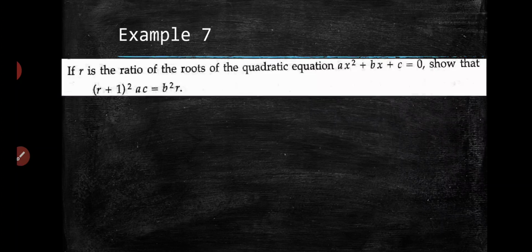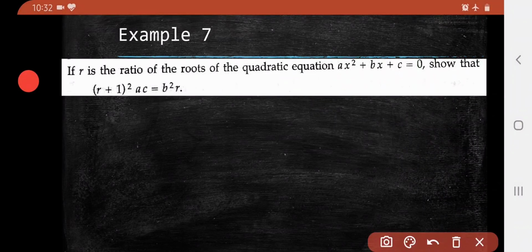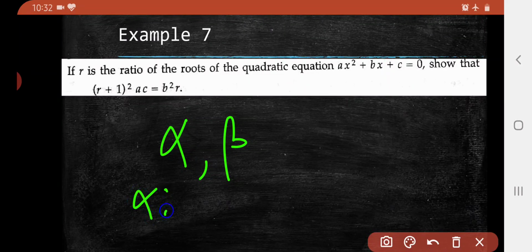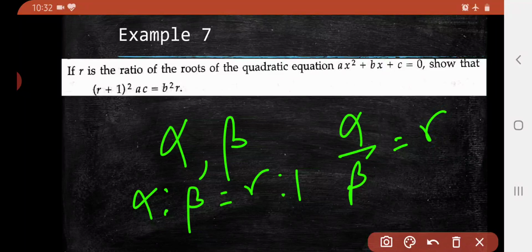That is what the ratio means, because if I have the roots of the equation as alpha and beta, the question says alpha is to beta equals r, which means r is to 1. When there is 1 on the other side, you need not mention it, you can always say that it is r. So alpha by beta equals r, or therefore I can write beta as alpha by r.